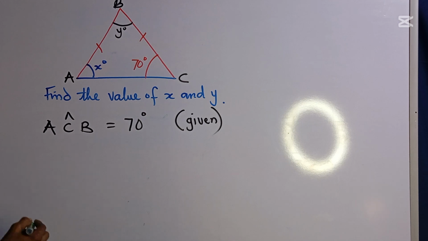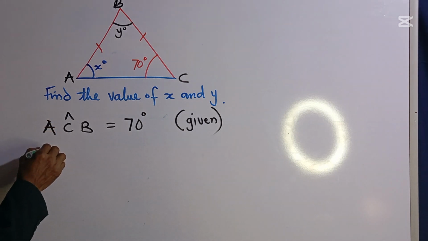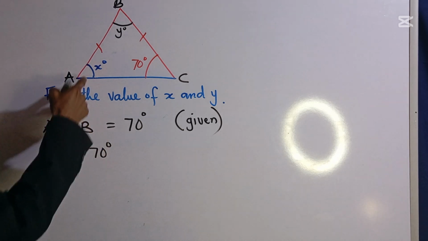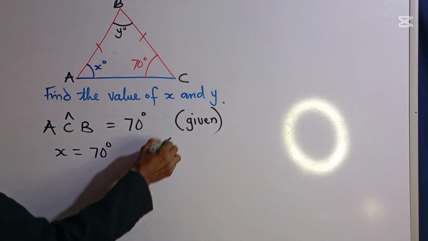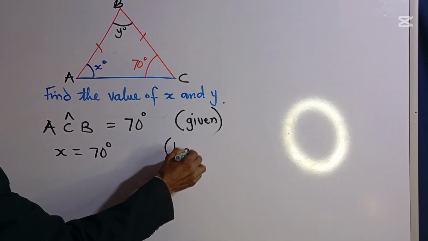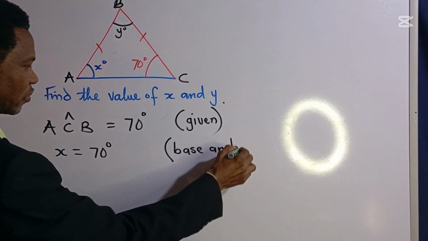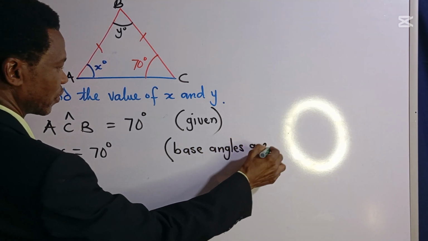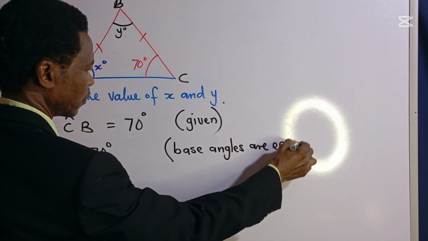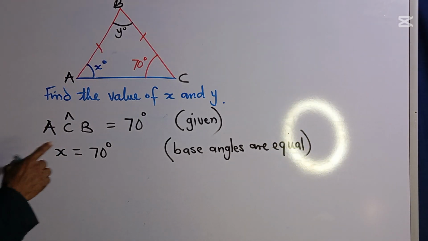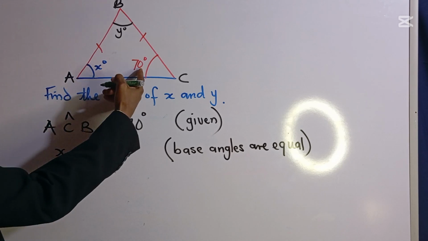Then we can say angle x equals 70 degrees because it's also a base angle. So what is the reason? Base angles are equal. So we now know this and this.